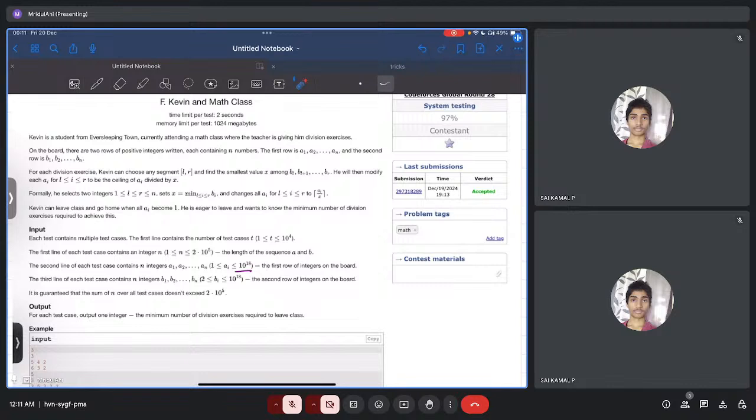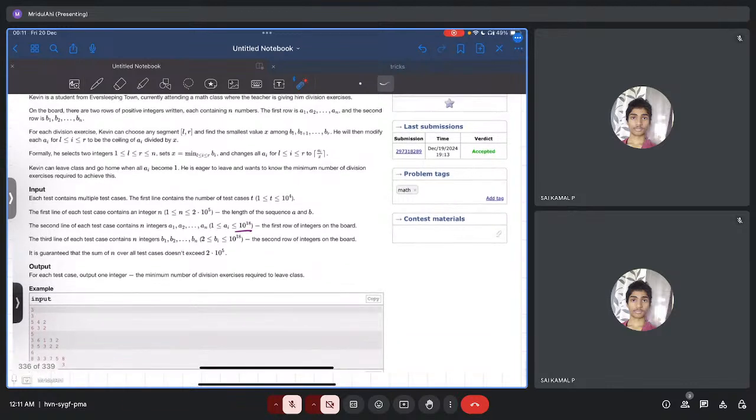Then for each i from L to R, divide A_i by X, in ceiling division, like we do ceil of A_i by X for each i from L to R. So we have to turn each A_i into 1 and find the minimum number of operations in which we can achieve this.